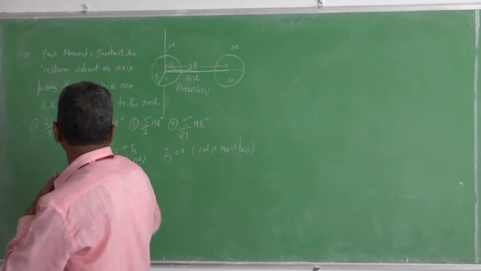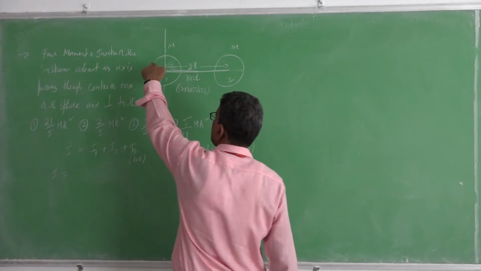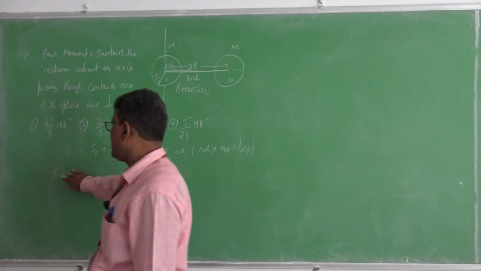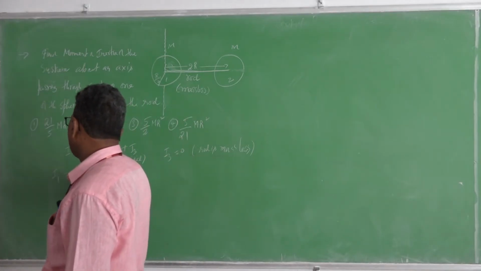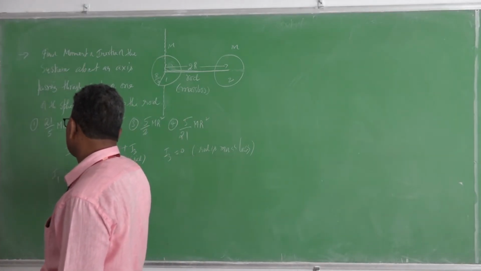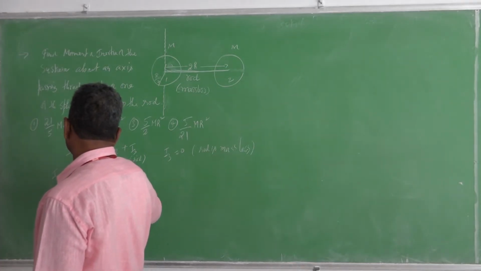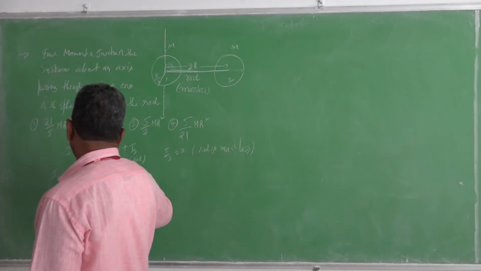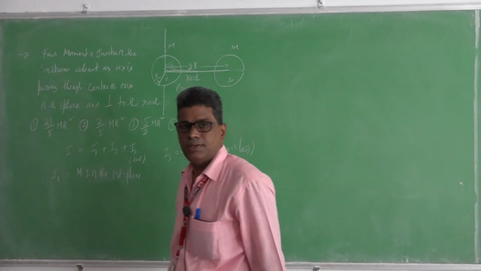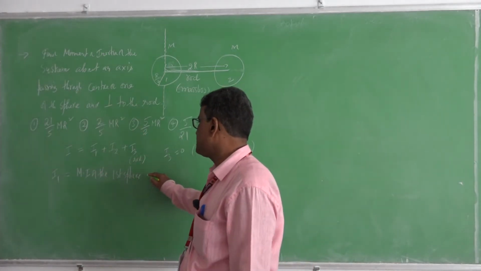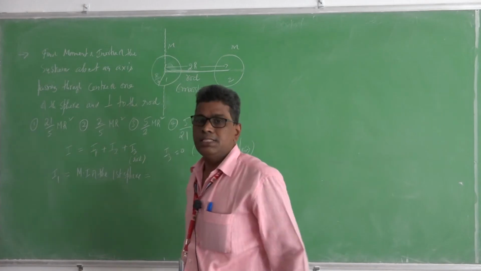What is I1? The moment of inertia of the first sphere about the given axis, which is a central axis.